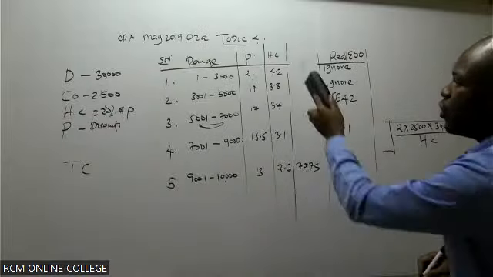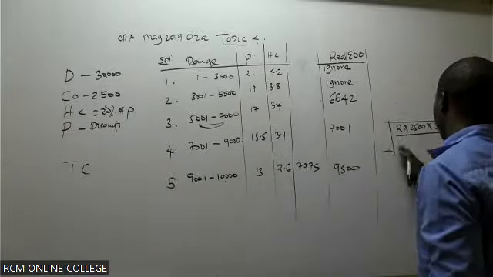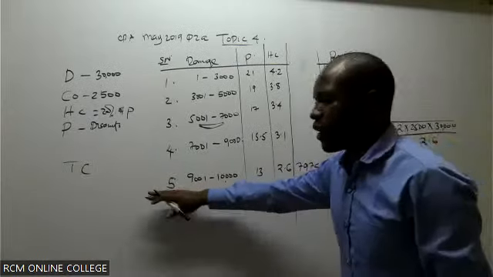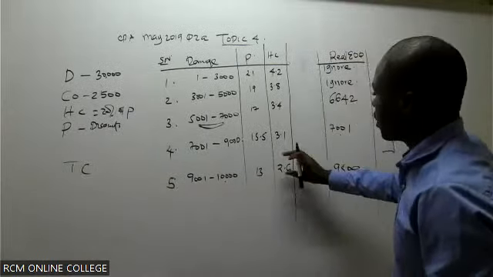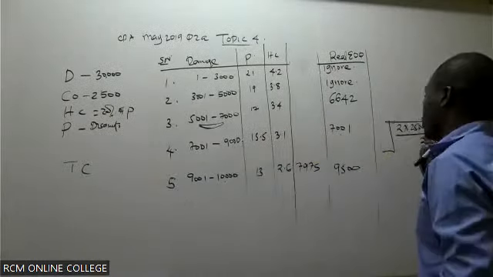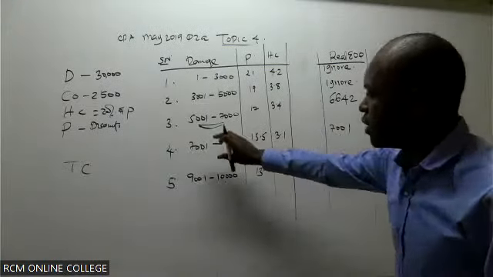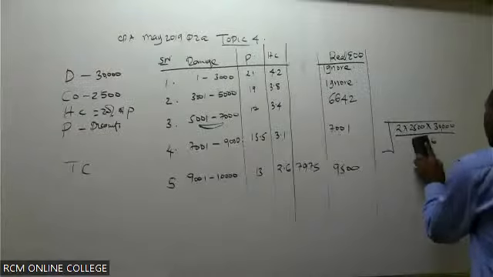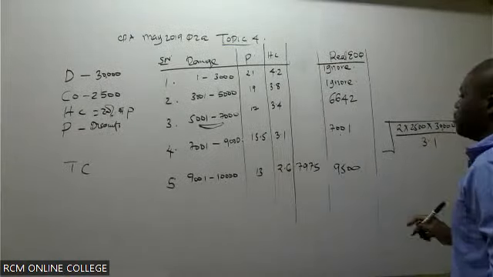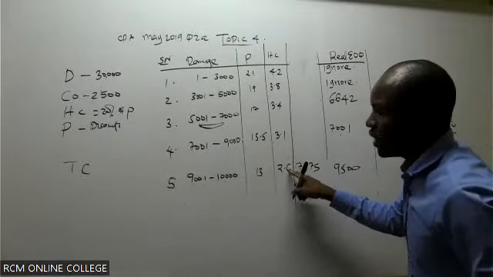You are taking holding cost of 2.6, not 3.1. Where are you getting 2.6? From this range 5. Why do you take a figure from range 5 and use it in range 4? Yet range 4 has got 3.1. Why do you want to bring it back? If you want to bring anything for range 4, then do away with 2.6, give us the holding cost of 3.1, because this one here is coming as a result of the holding cost in that range.